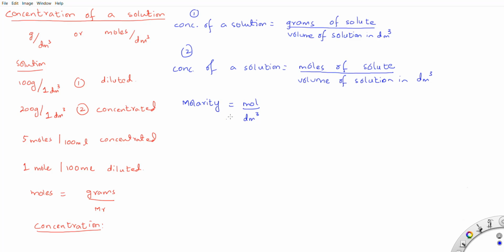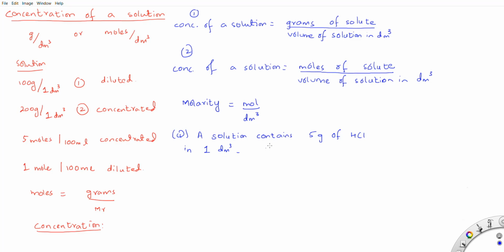So how would we use this? Consider, for instance, this question. The question says a solution contains 5 grams of HCl, hydrochloric acid, in 1 liter of solvent.